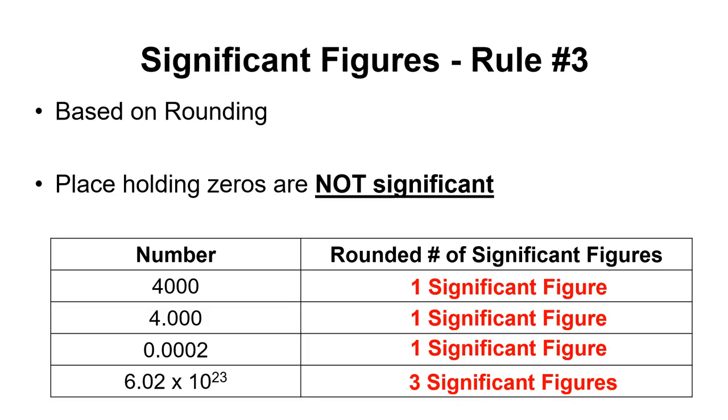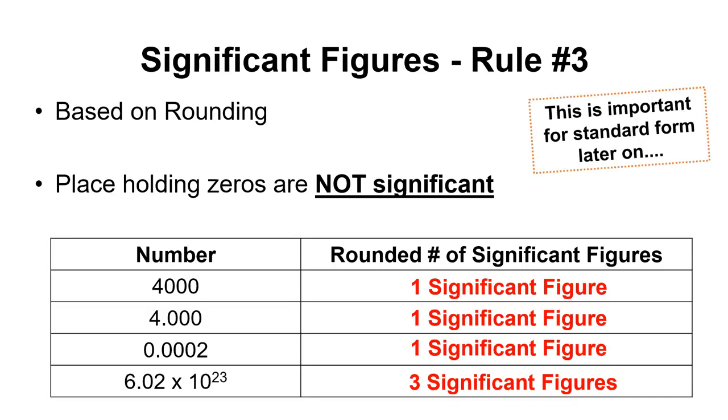But only the first 3 digits, 6.02, are the only ones that are significant. All the trailing zeros are not significant. They can be 23, they can be 24, they can be 22, it doesn't matter. They are just not significant. This is important for standard form later on. You'll see.